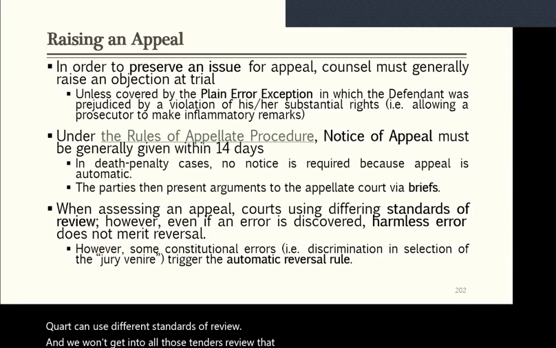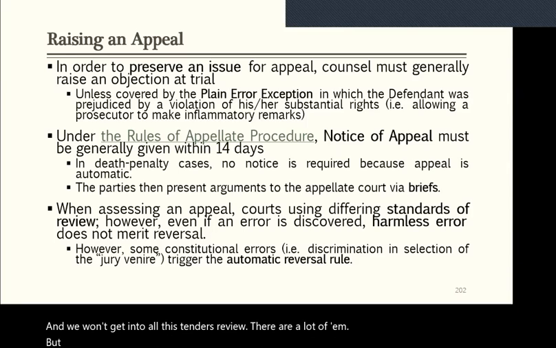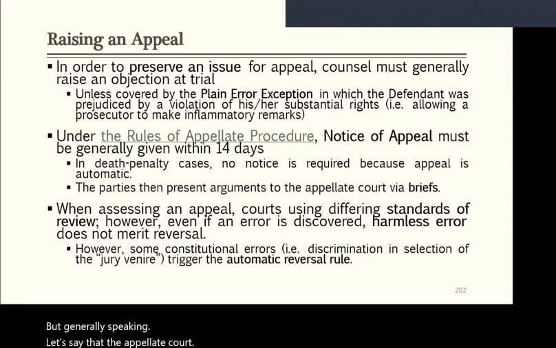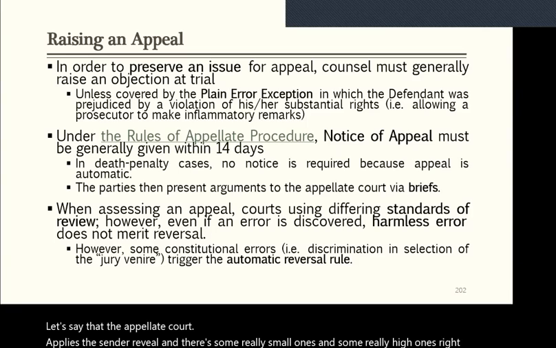There are a lot of them. But generally speaking, the appellate court applies the standard of review, and there are some really small ones and some really high ones, right? Just depending on what error you have claimed.